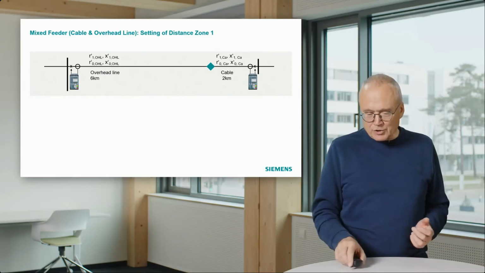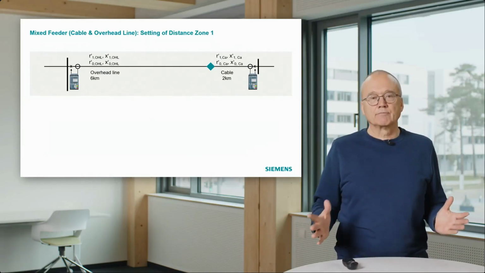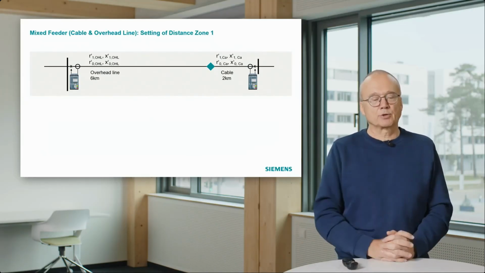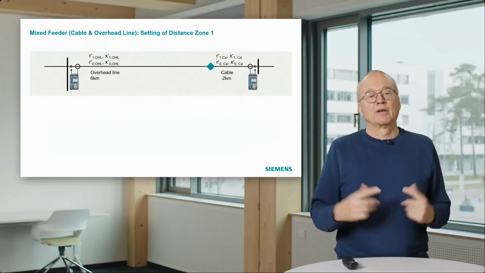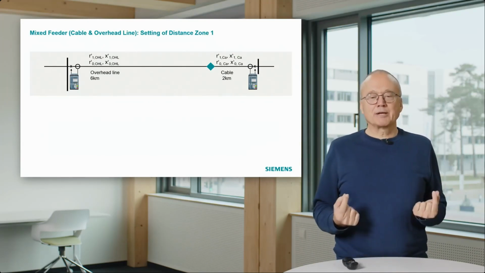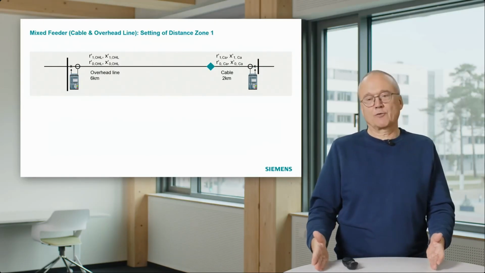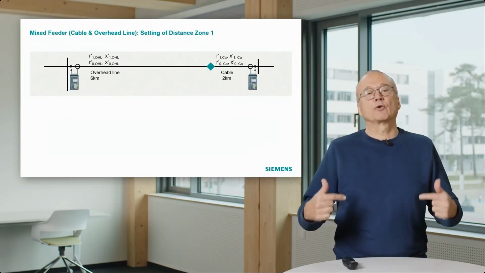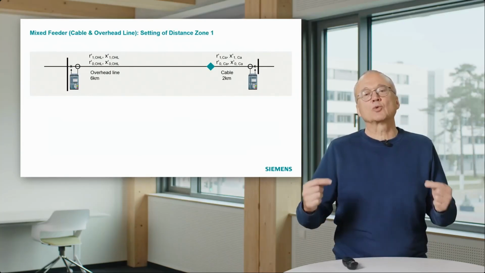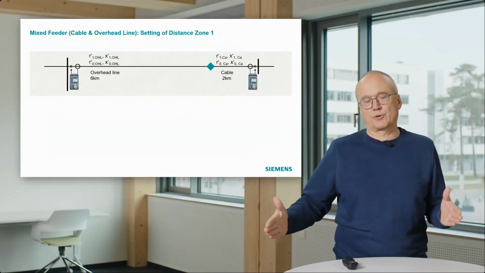So if we want to set the distance relay first zone to 80% of the line, normally the 80% means we set it to 80% of the line reactance, which for a homogeneous line is equal to 80% of the line length.